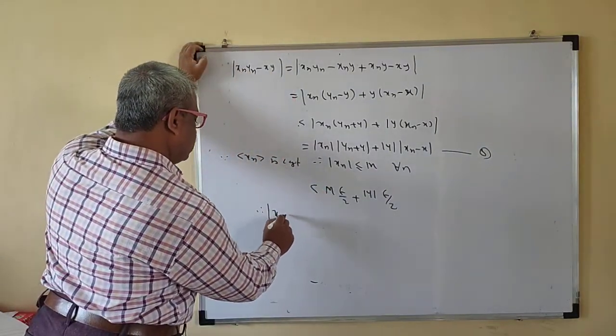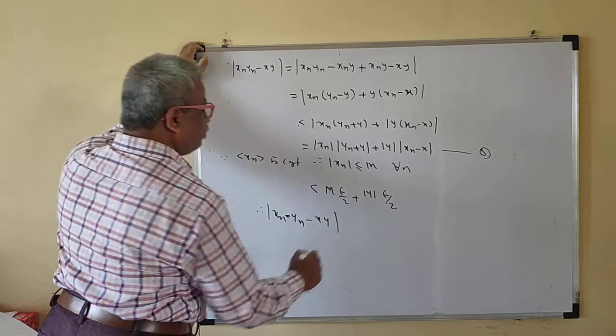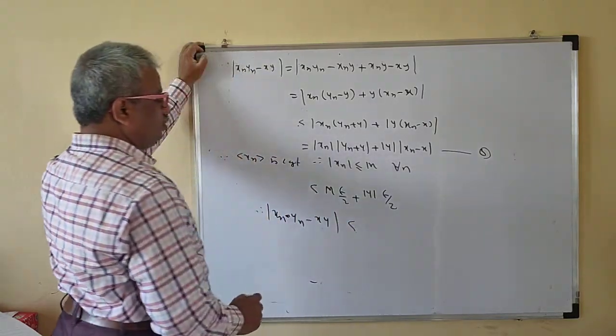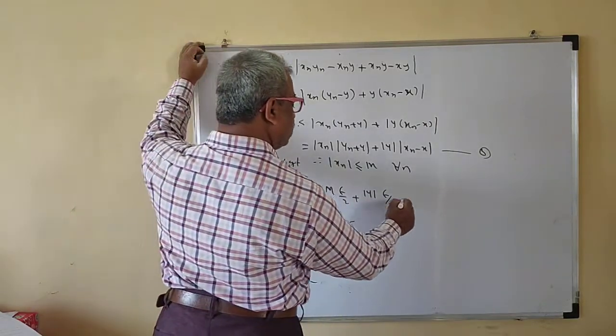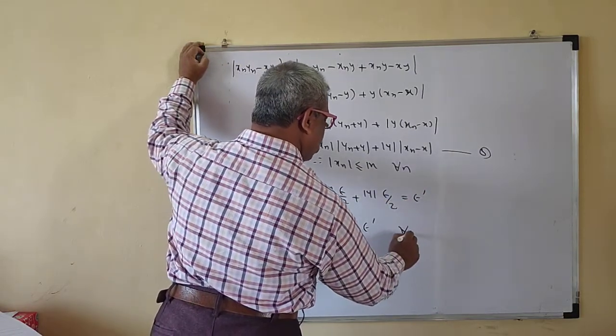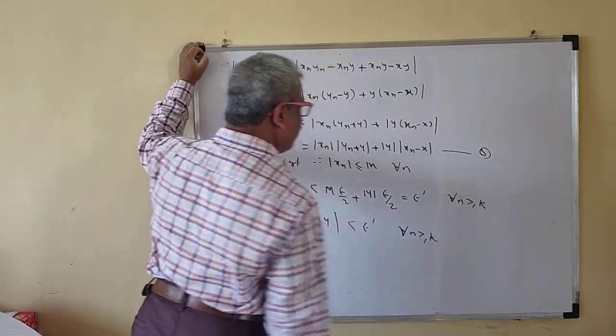Okay, so therefore mod of xn yn minus xy is less than this number. So I can say this is epsilon dash for all n greater than or equal to k. This is true for all n greater than or equal to k.